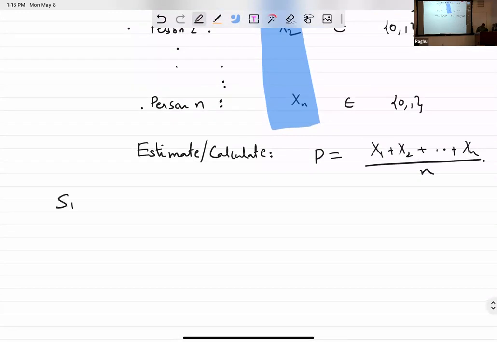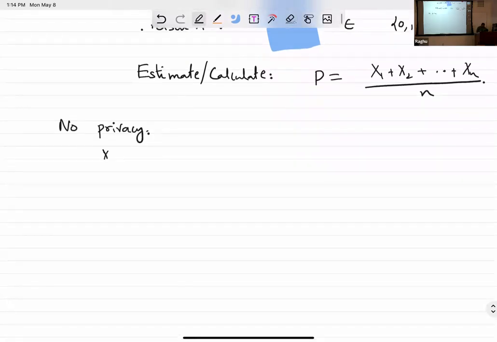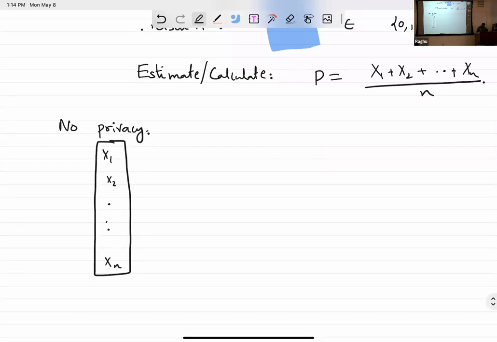So what's the silliest, maybe not silliest, let's say. Obviously, I could release all of the data as it is, and that gives me no privacy whatsoever. Okay. And if I want full privacy, what can I do?